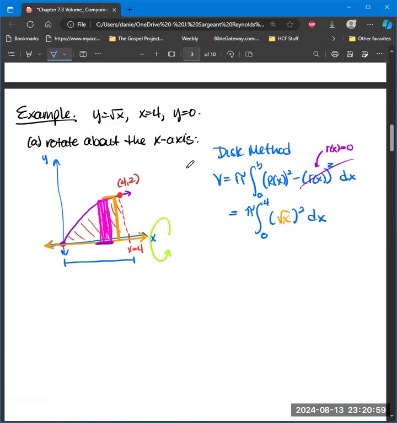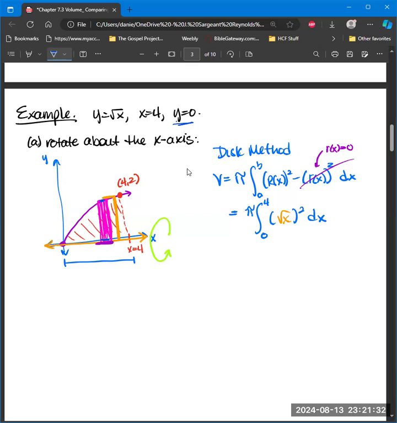So I think we already did this one before, but let's look at it again with the square root of x between 0 and 4, rotated around the line y equals 0. The easiest thing for us to do is to make vertical rectangles between y equals 0 and the function, and it's going to touch the axis of rotation here.